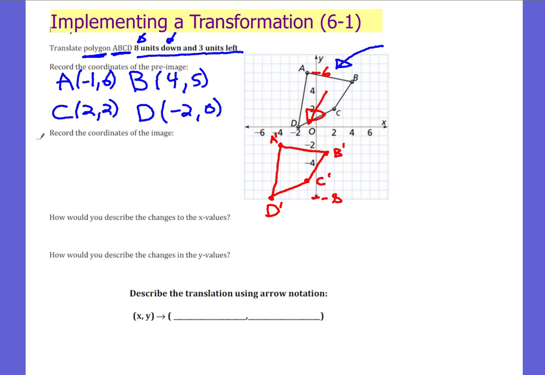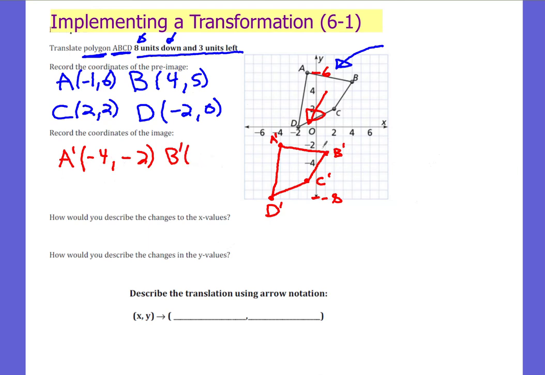So let's go ahead and record the coordinates and see what happened, because there's going to be specific things that happen to the X and Y that make these quite a bit easier to just do without having to plot it like this each time and do this counting over that I'm doing. So let's go -4, -2 is A prime. We've plotted that. B will catch the coordinate B prime.